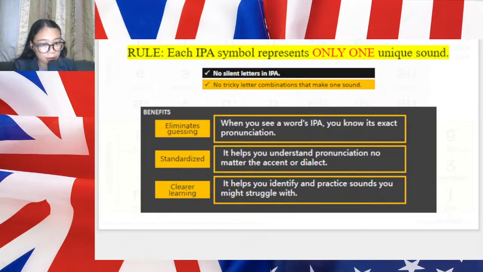We cannot deny it's complicated and intimidating, but it is also a powerful tool that brings clarity, consistency, and precision to learning English pronunciation. It takes away the guesswork and gives you a direct path to accurate sounds. So that is for the IPA, or International Phonetic Alphabet.